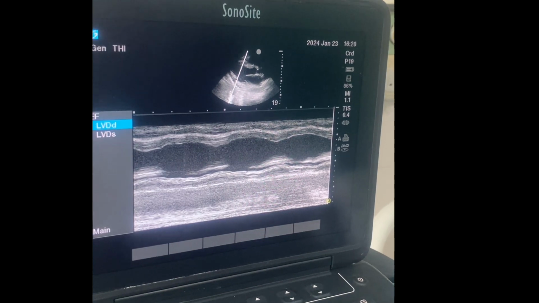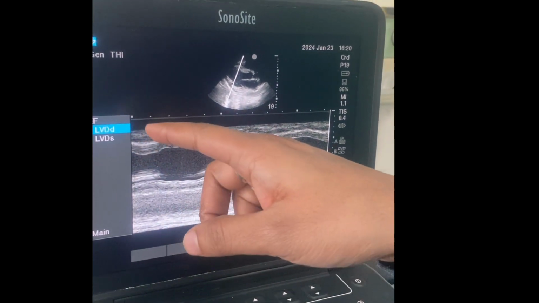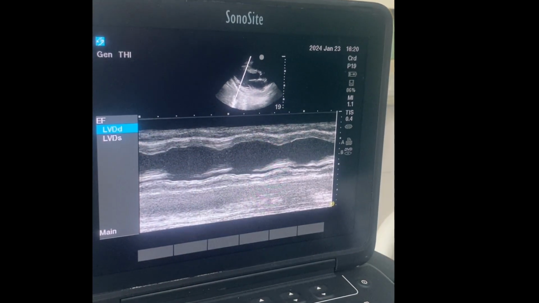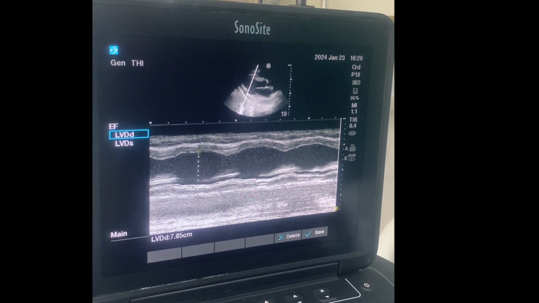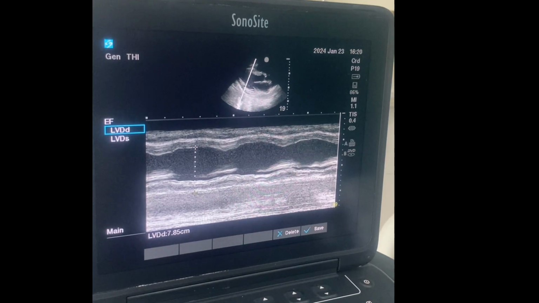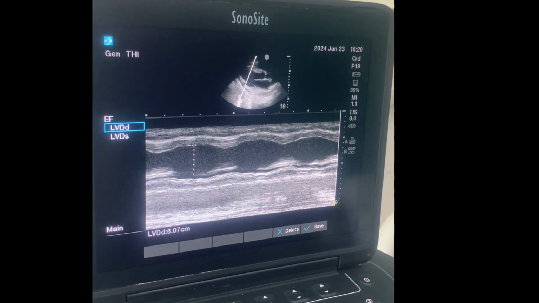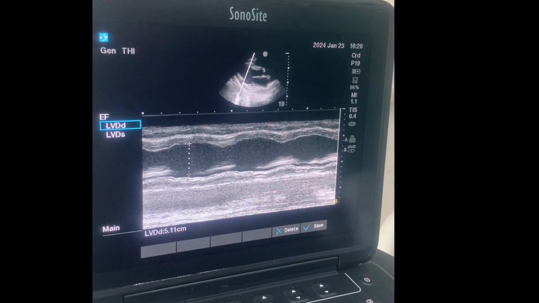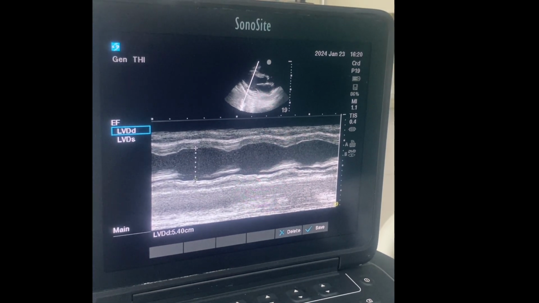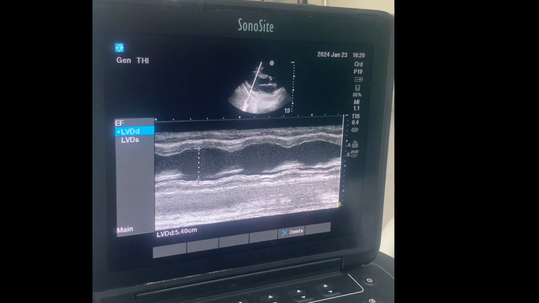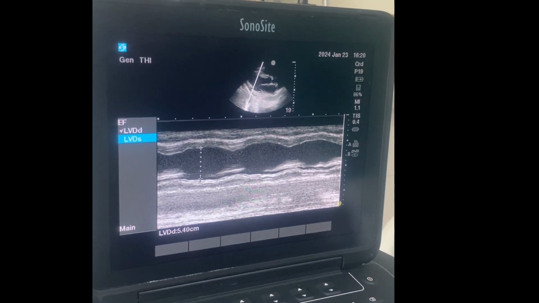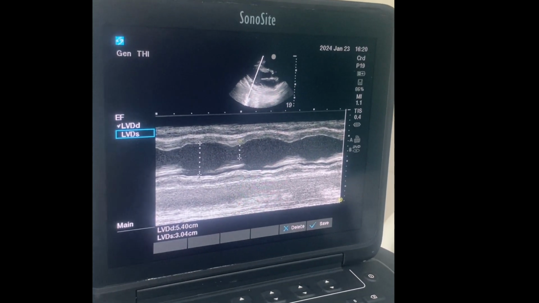So first I am going to check the left ventricular diastolic diameter. So this is the left ventricular diastolic diameter. Okay, now just save it. Okay, and now check the left ventricular systolic diameter.